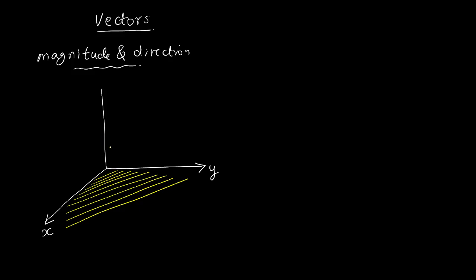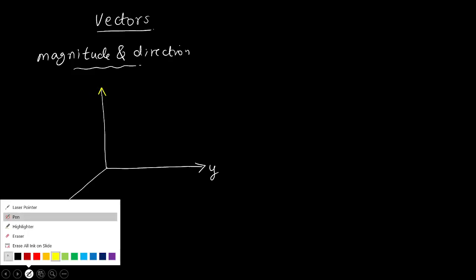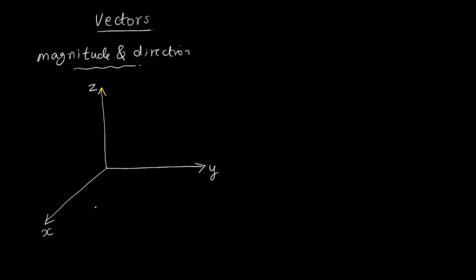These three are the edges of the room. This is the way certain notations are there. I want to introduce it. Let this axis be the z-axis. The x-axis, y-axis and z-axis, these three are familiar to us.